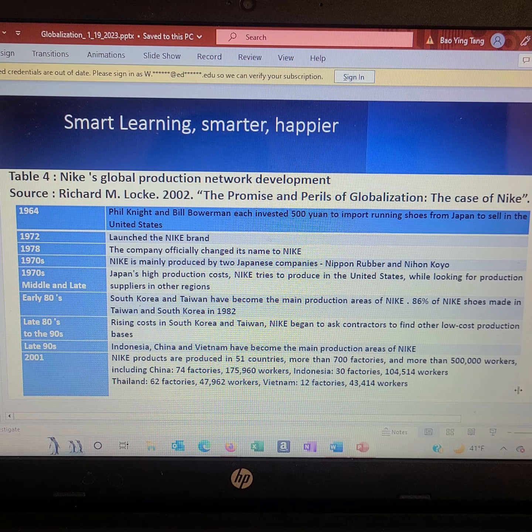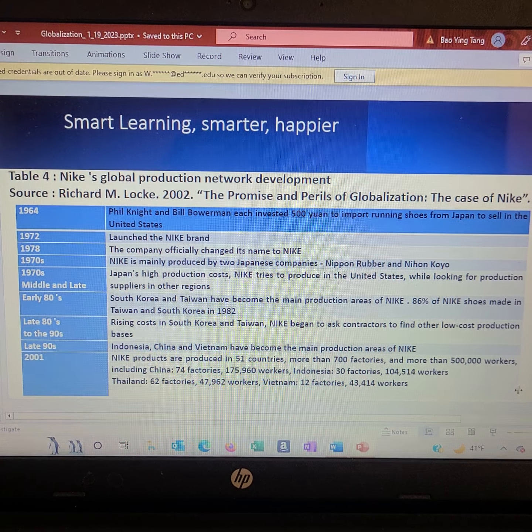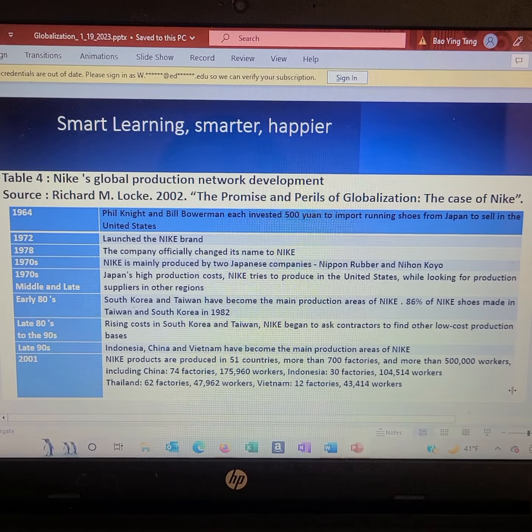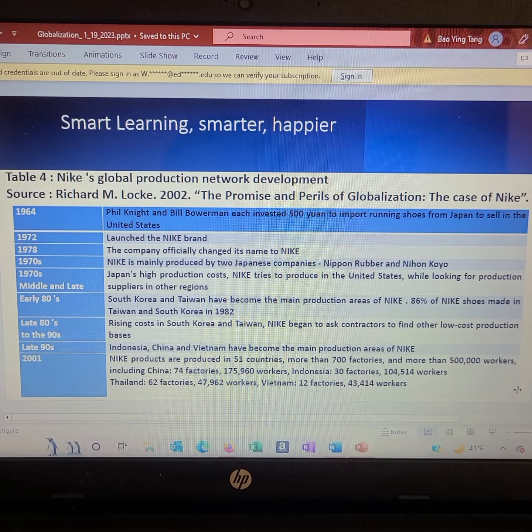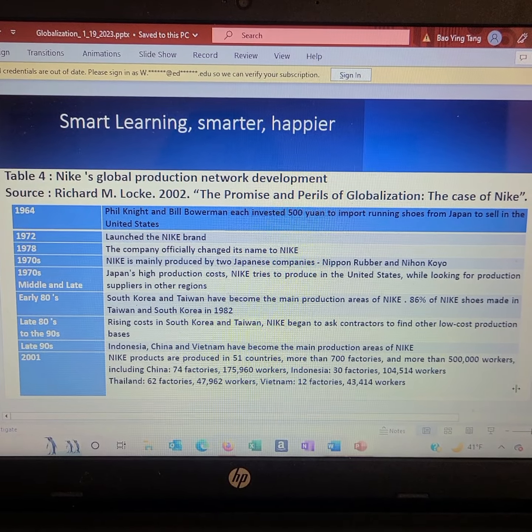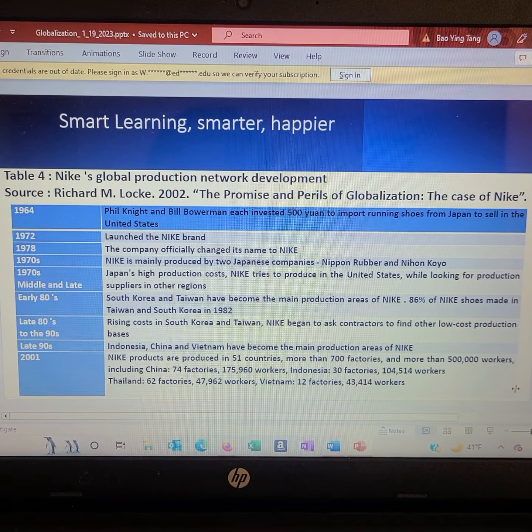In the early 80s, South Korea and Taiwan became the main production area of Nike. 80% of Nike's shoes were made in Taiwan and South Korea in 1982.